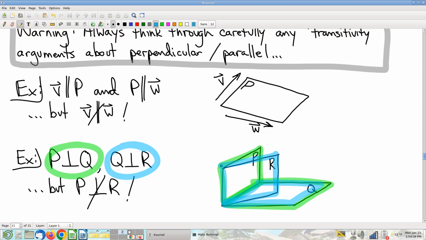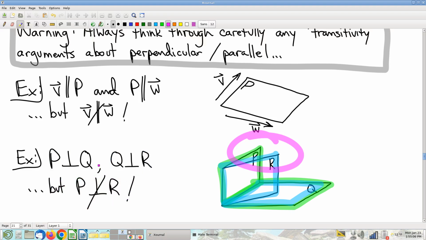So you would think, reading it on the page, P to Q, Q to R, wouldn't it seem like P and R ought to have some sort of relationship? But look at the picture and no. They're not necessarily perpendicular. They're not necessarily parallel. There's just nothing you can conclude at all. There's no clear relationship between them. So again, another transitivity landmine.